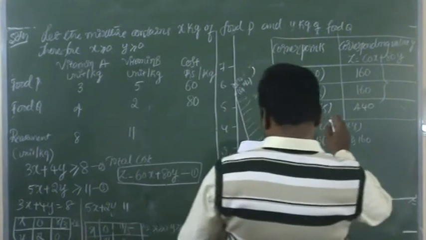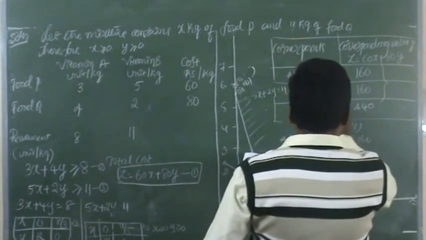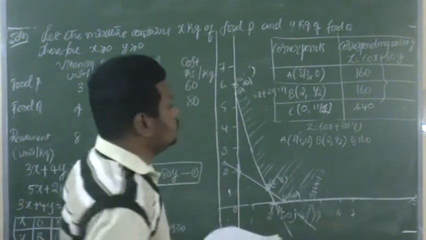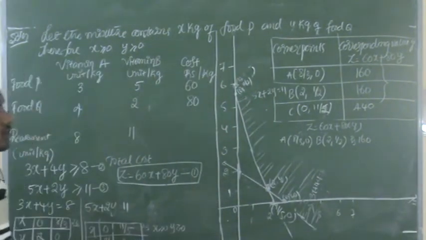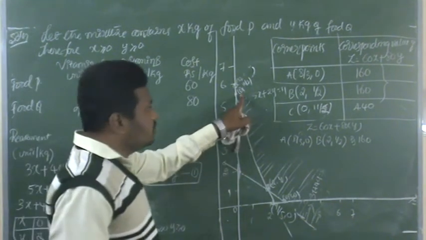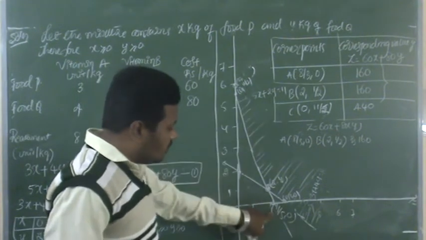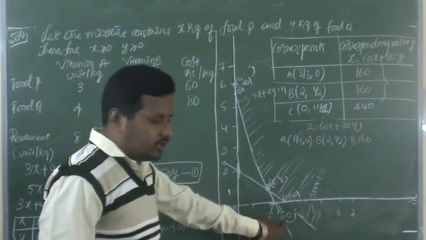This is 11/2, not 11/5. Check it once again. Here we missed the points: 0, 11/2 here, and 11/5, 0 here.